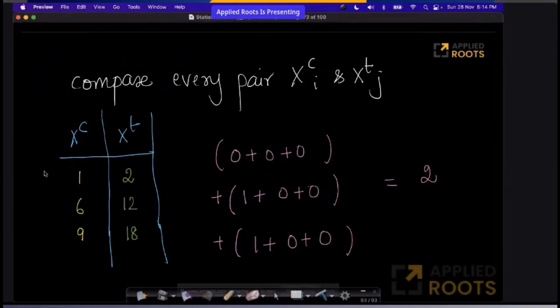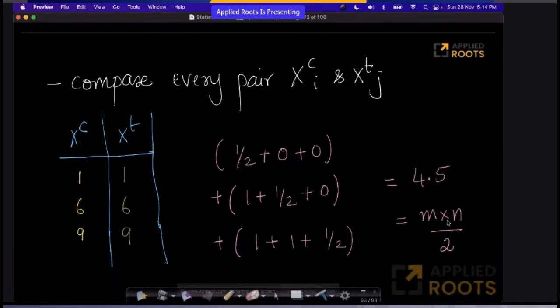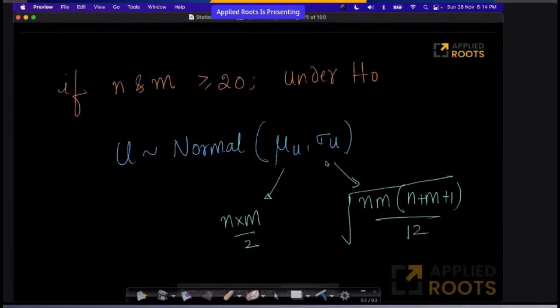But when control and treatment have differing values, this U statistic deviates from this average value, m times n by 2. So as long as n and m are reasonably sized, this is the beauty of the test: under the null hypothesis, the random variable U is normally distributed with this mean and this standard deviation.